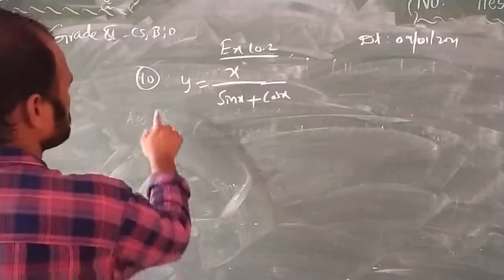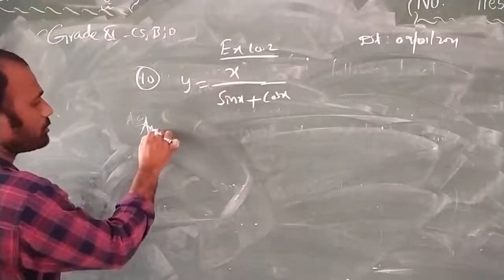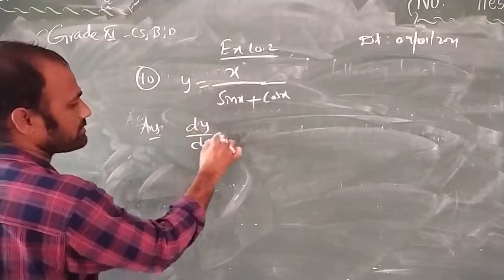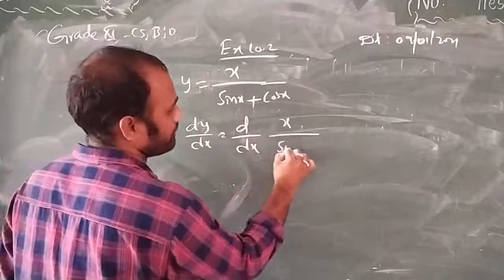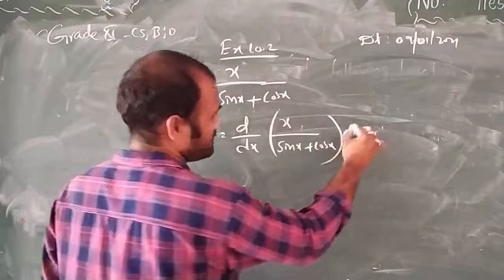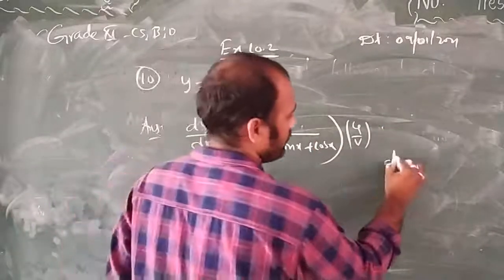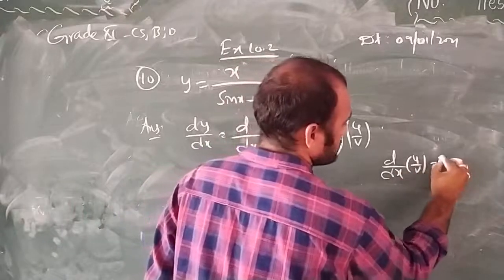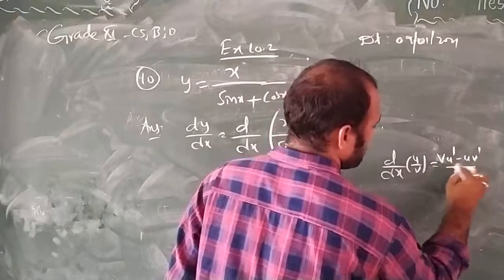Let us see the 10th question. y is equal to x by sin x plus cos x. So we need to do the differentiation with respect to x. So dy by dx is equal to d by dx of x by sin x plus cos x. So it is the quotient rule, u by v. Same derivative formula we have to use, d by dx of u by v is v u dash minus u v dash divided by v square.